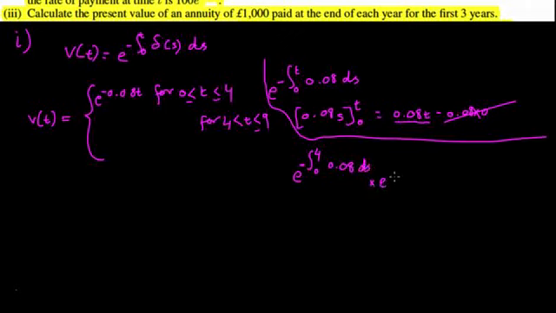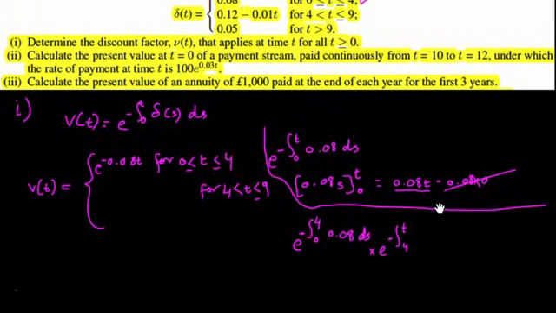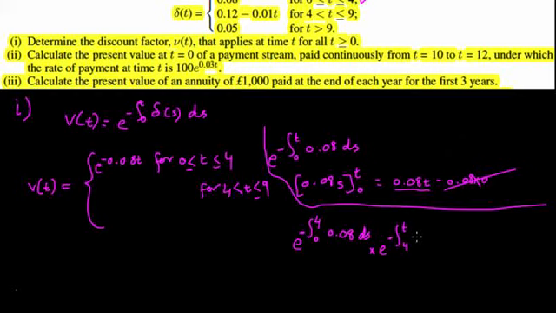Then we multiply it by e to the negative integral between 4 and t of our new delta s, which will be 0.12 minus 0.01 s, ds.